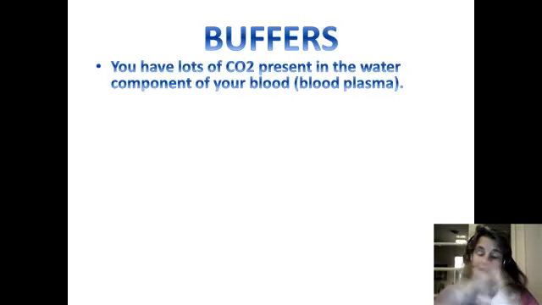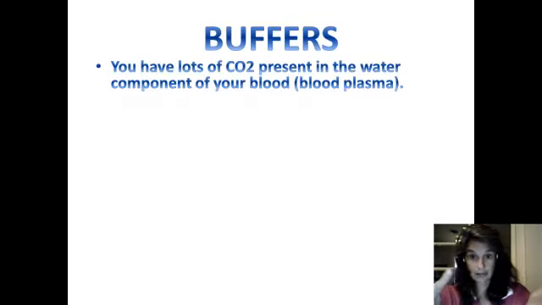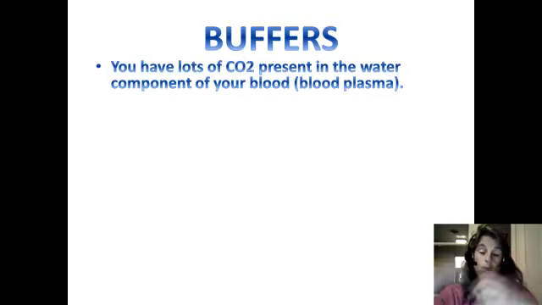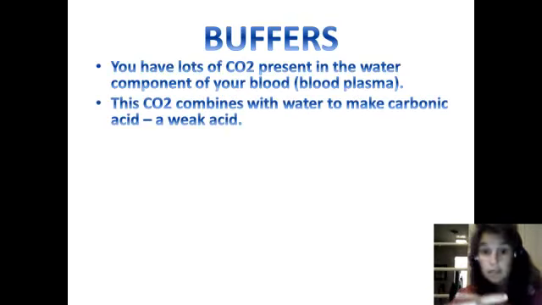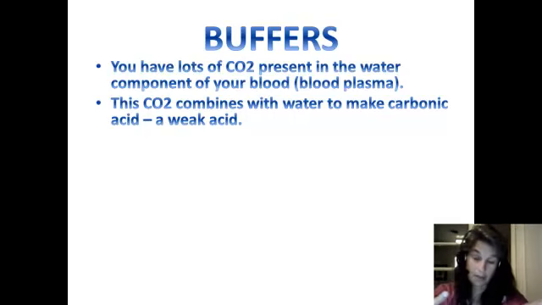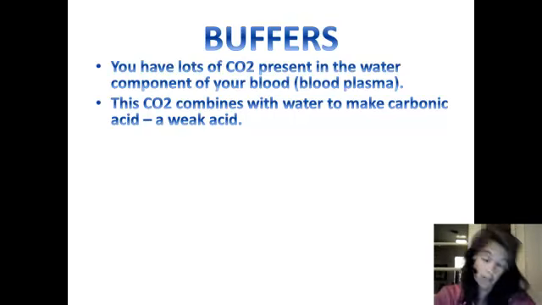And that CO2 has to go from the cells in your body through your bloodstream to your lungs to get exhaled. While it is in your blood, that CO2 combines with the water that is also in your blood. The blood plasma is largely water that your blood cells are floating around in. And it forms carbonic acid, which is a weak acid.